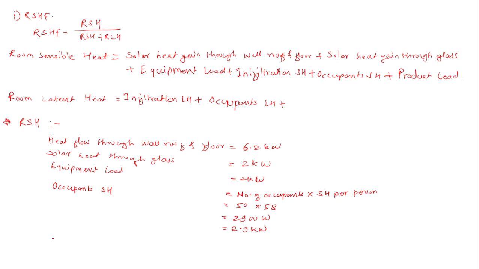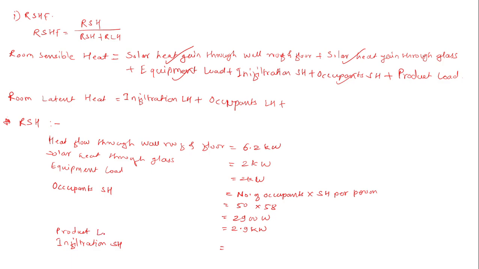Now we will go for the infiltration sensible load, because that's the last parameter. If you see, I have considered the sensible heat through wall, roof and floor, solar heat through the glass, equipment load and occupant load. Product load you can also directly write down, which is given directly in the statement as 0.2 kilowatt.